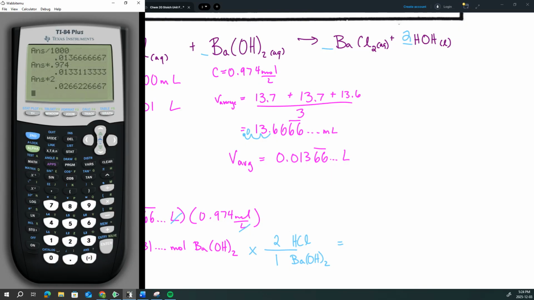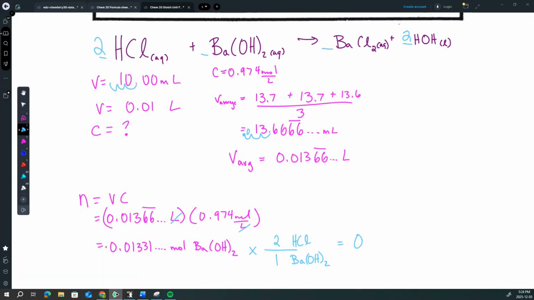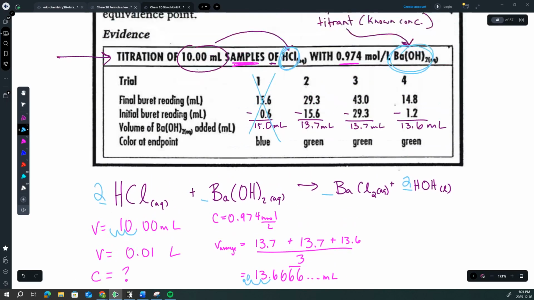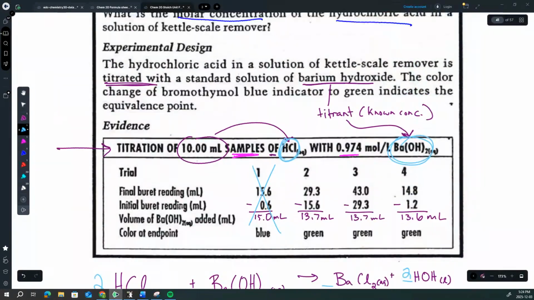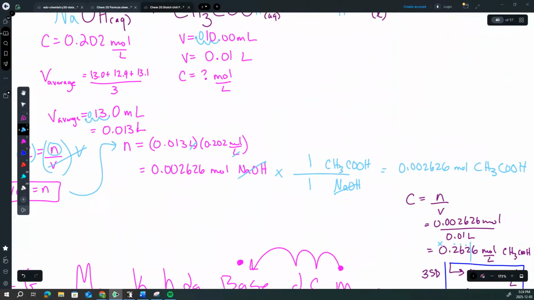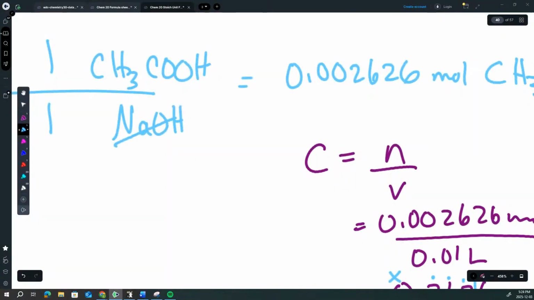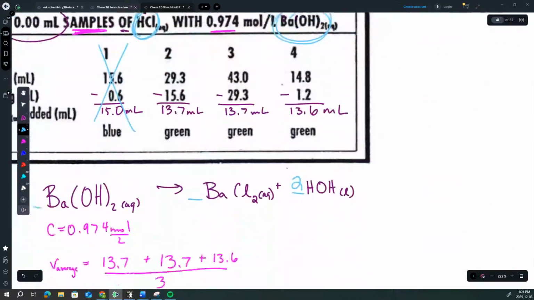So we're going to get 0.02662, goes on forever. And these are now the moles of hydrochloric acid. Now, the question's asking us, what's the molar concentration of hydrochloric acid? And from our previous question, this is the formula we use. Concentration is equal to moles divided by volume.